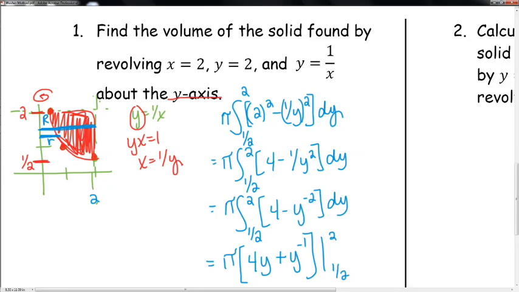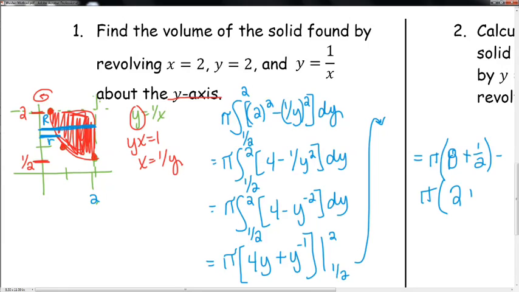I ran out of room, so I need to come back up here. I'll borrow some space on the other side. Which is, let's see here, pi times 8 plus 1/2 minus pi times 2 plus 2, and then if I simplify all that out, I get 9 pi over 2. There we go.